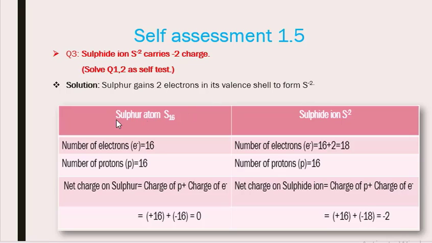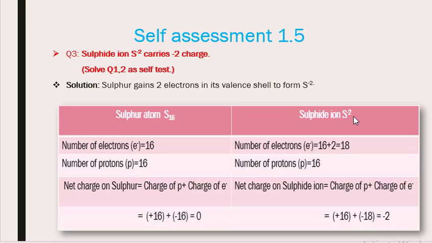For description, we must know the atomic number of sulfur, that is 16. So it is represented as S16. Due to 16 atomic number, the number of protons in it will be 16. Corresponding to number of protons, the number of electrons will also be 16, as these two species are always equal in an atom.